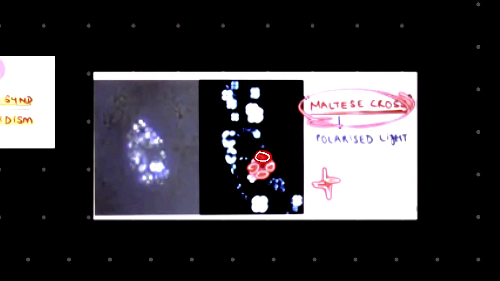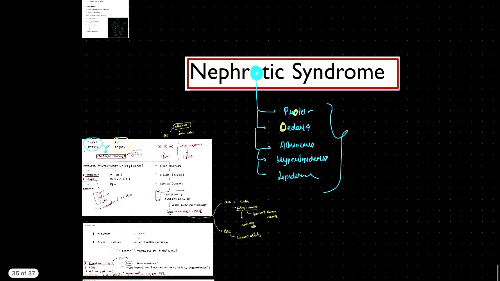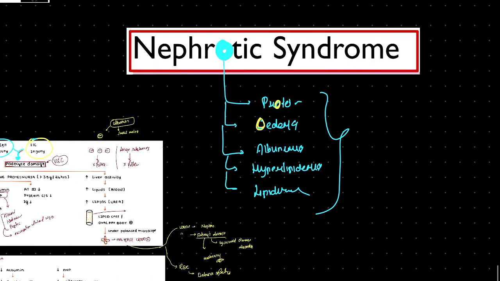And similarly, in immunofluorescence you will see a cross-like appearance, a Maltese cross, observed in polarized light. So this was about our nephrotic syndrome.